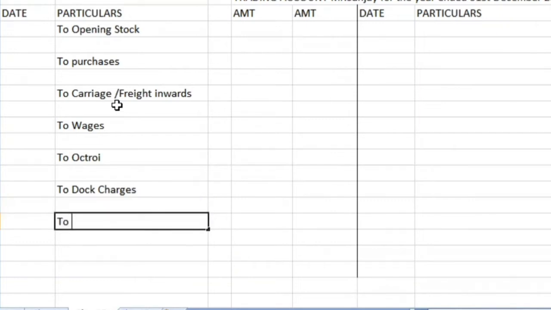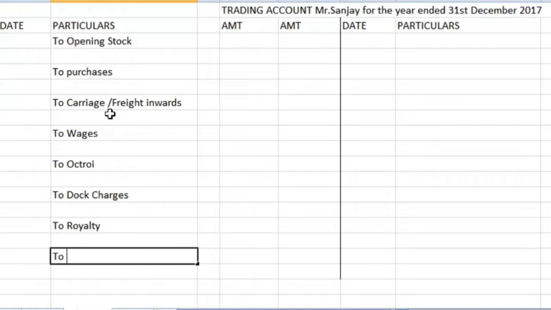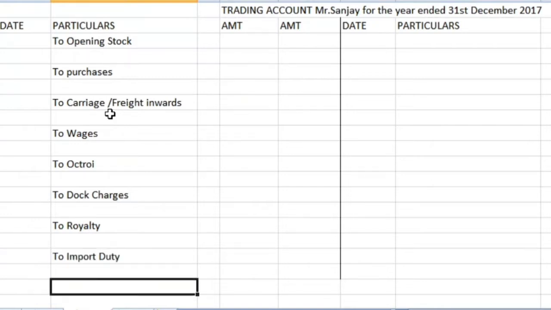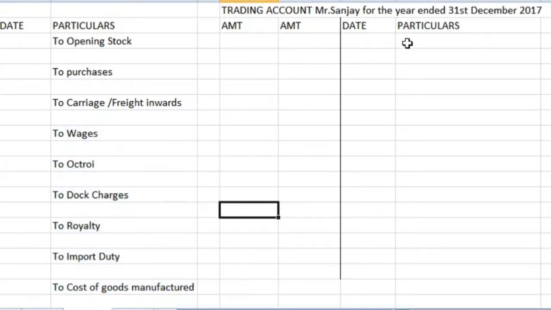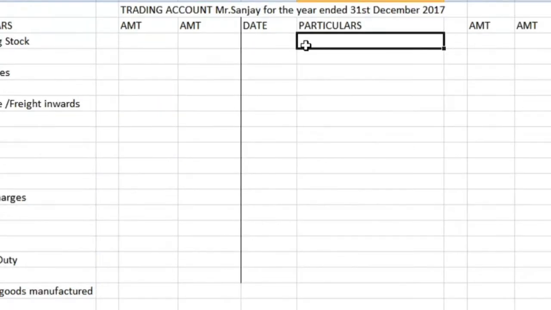Then To royalty. To import duty. To cost of goods manufactured. So these are my 7 items. Total 7 items I've written. So 7 plus 2, 9 items I've written on my debit side. Credit side is going to be only the 2.